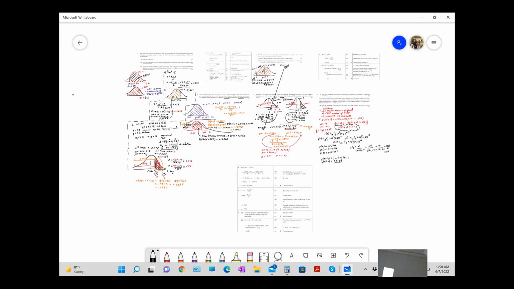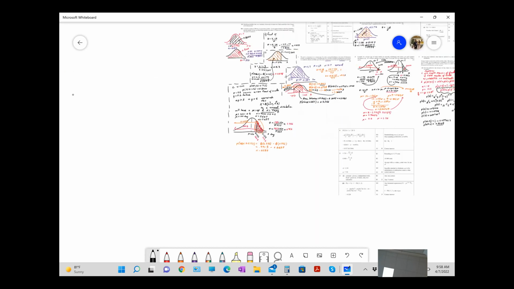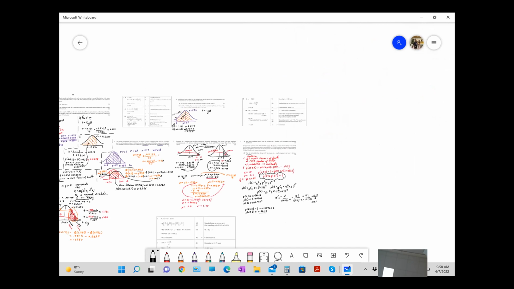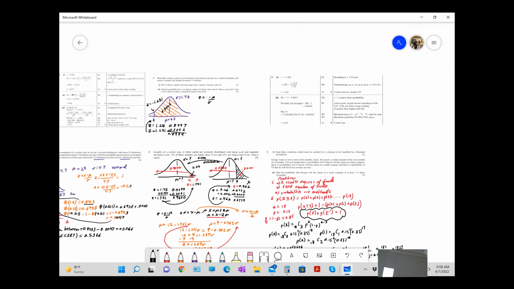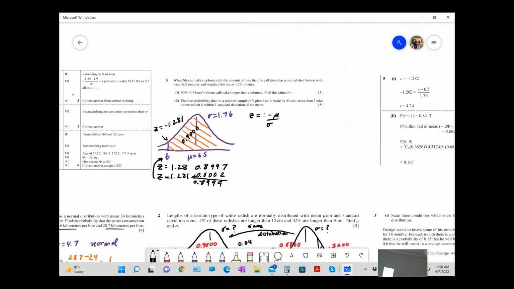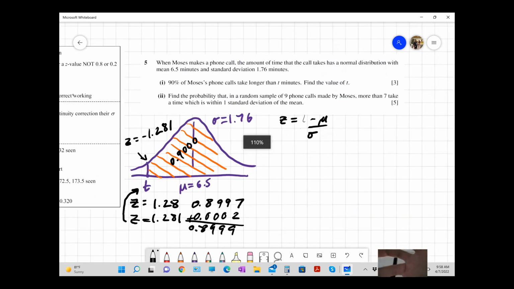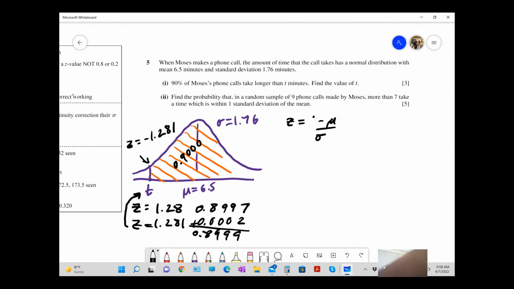Oh no, it just zoomed out and then I scratched everything. So now I'm going to solve for T. Z sigma equals T minus mu. T equals.